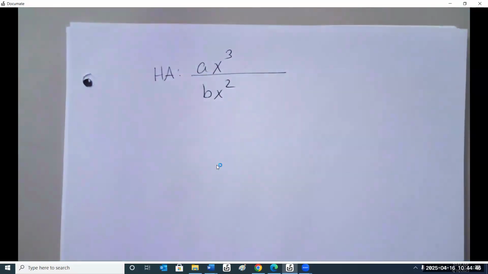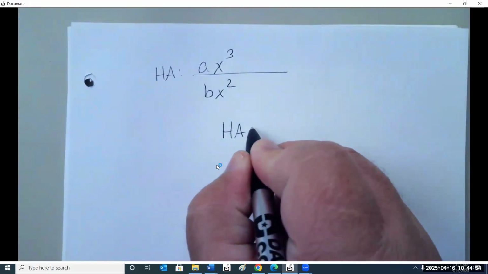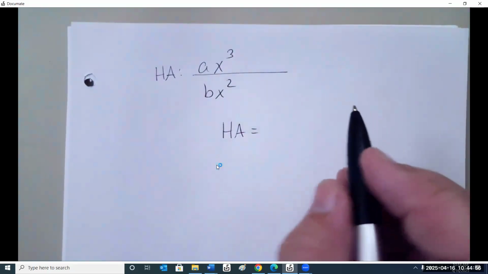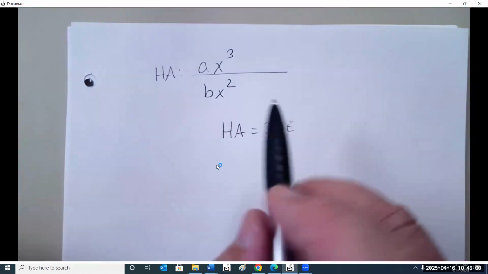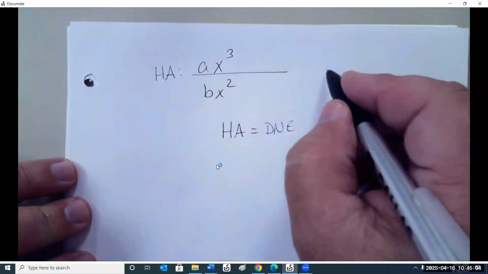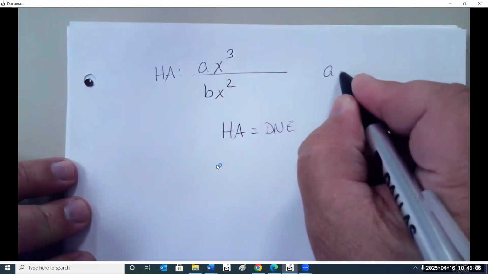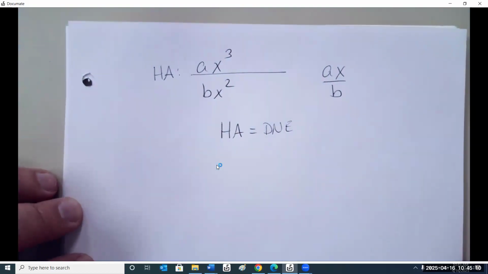Now, if this occurs, what's my horizontal asymptote? But what if I divided these? If I divided these, what would I get? Over b.